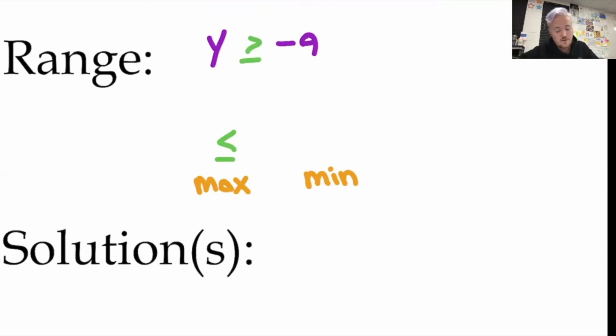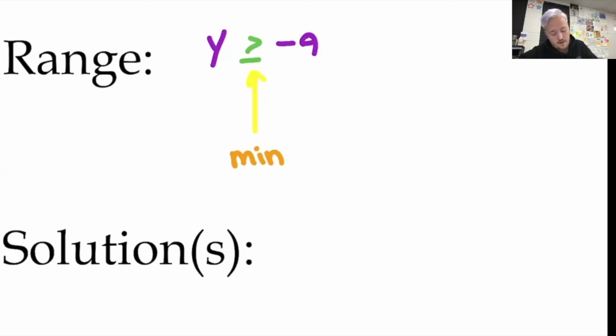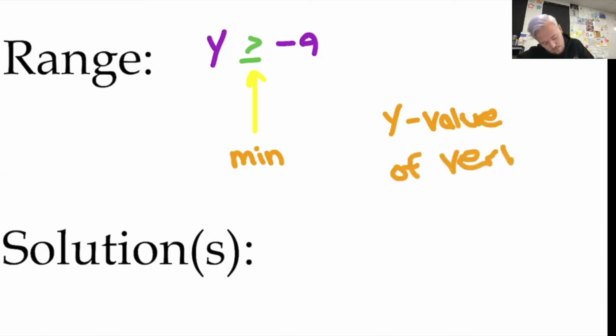And -9 refers to the y value of the vertex.